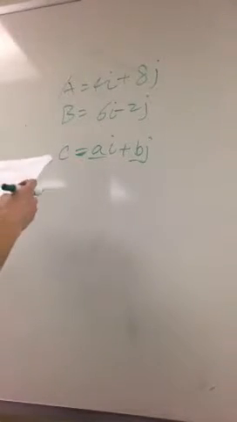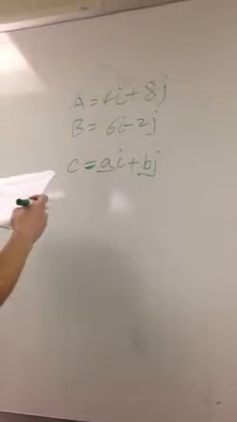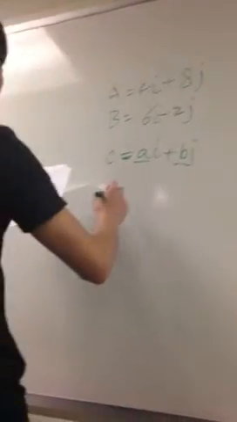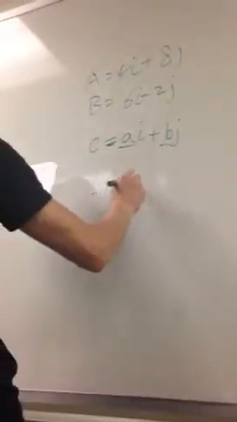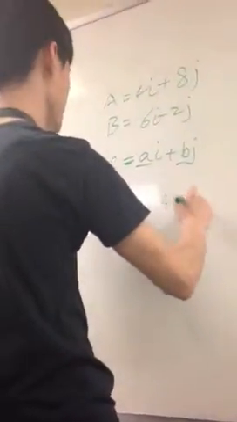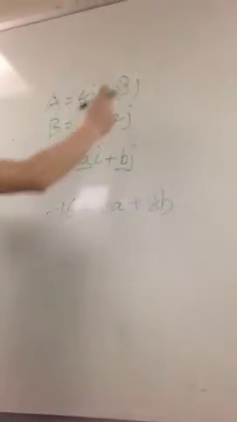So we know the scalar product of A and C is negative 16. It's 4A plus 8B, right? 4A plus 8B.